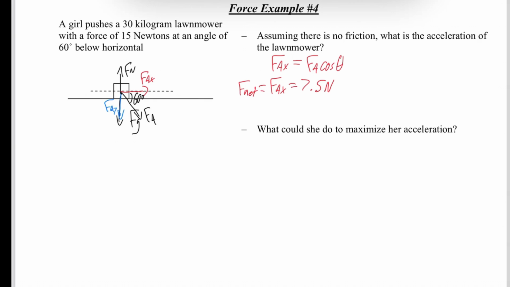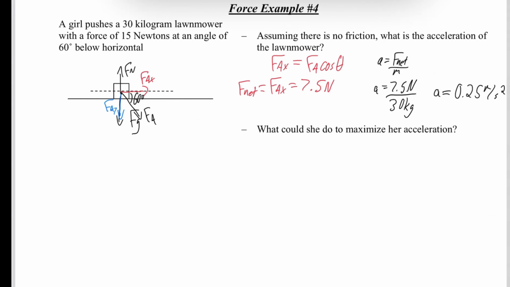So now we can solve for the acceleration. Acceleration equals F net over m. We can plug in our 7.5 newtons over 30 kilograms, and we will find that our acceleration is equal to 0.25 meters per second squared.